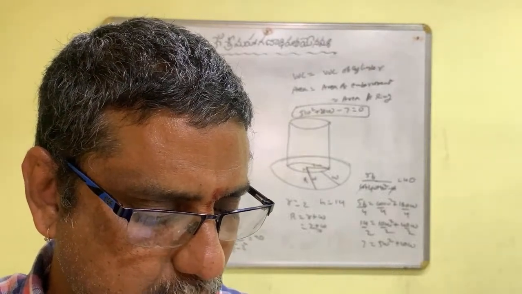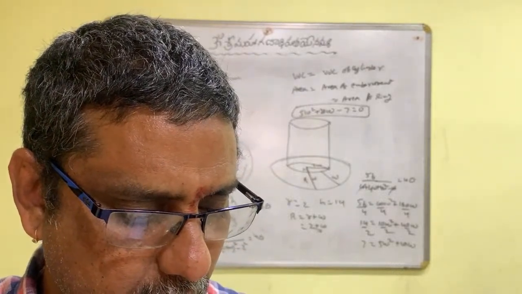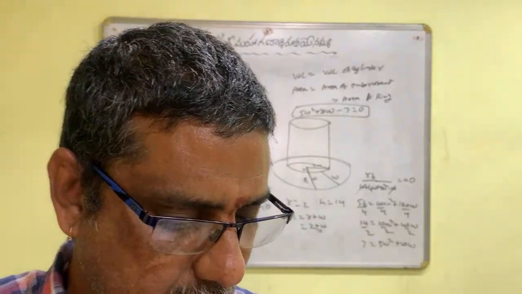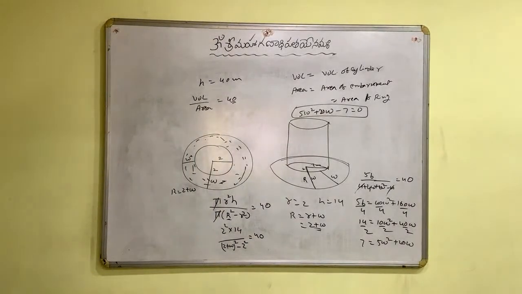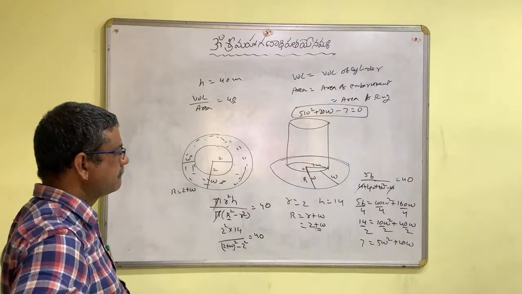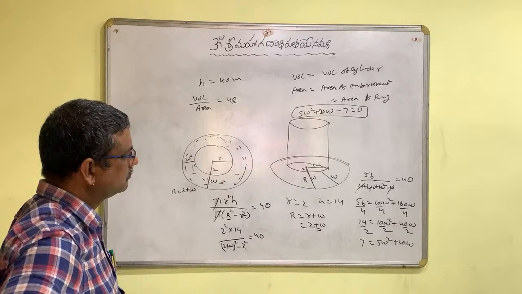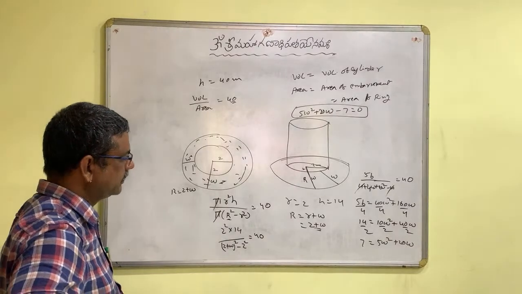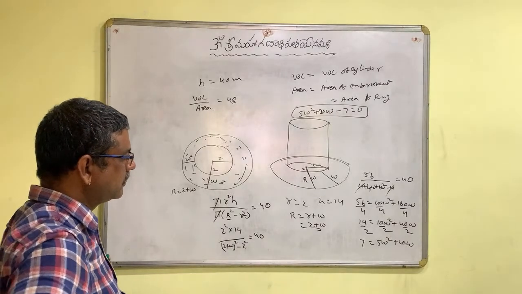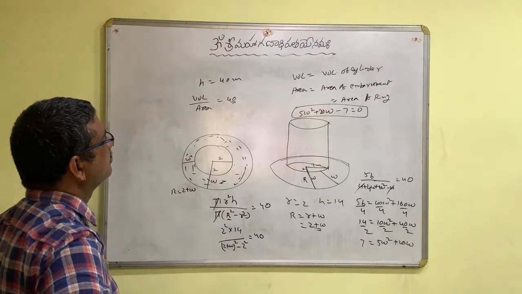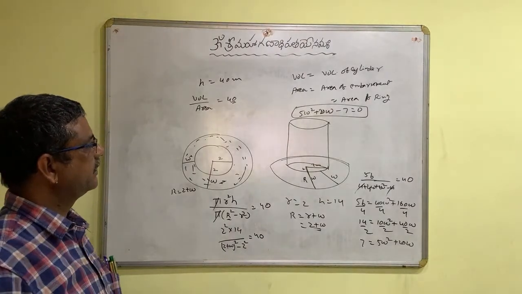The earth is taken out, spread evenly around, will form a 40 meters high embankment. Right on. 5W square plus 20W minus 7. 5 7s are 35.